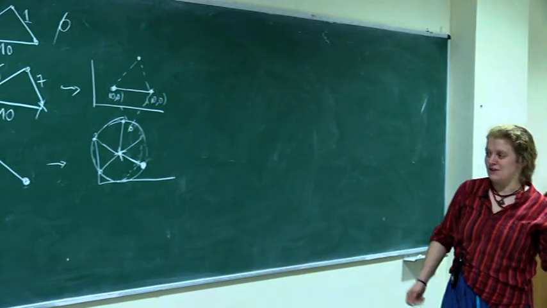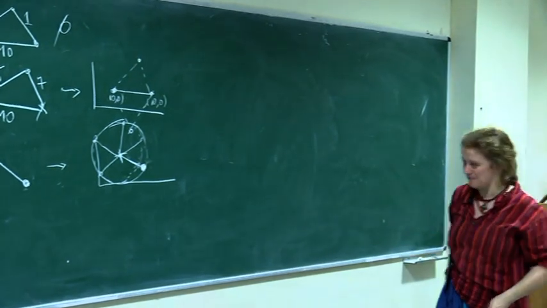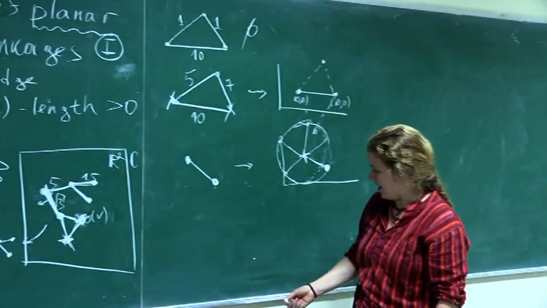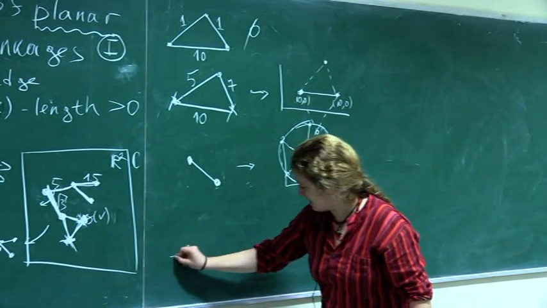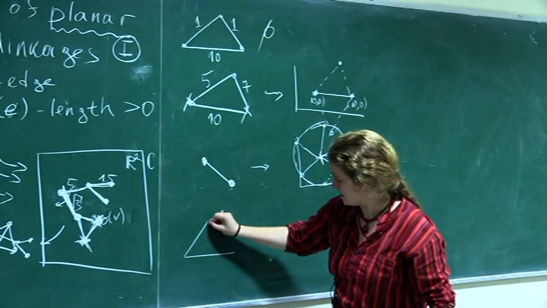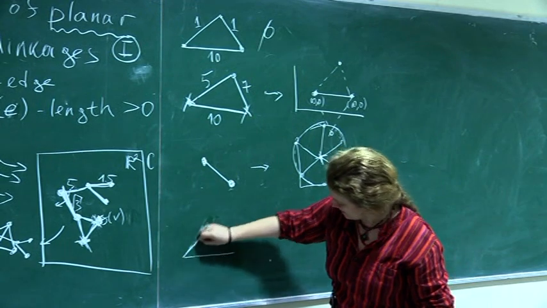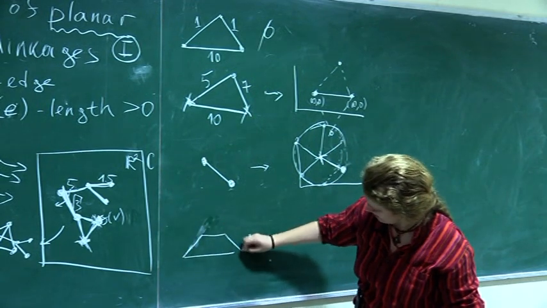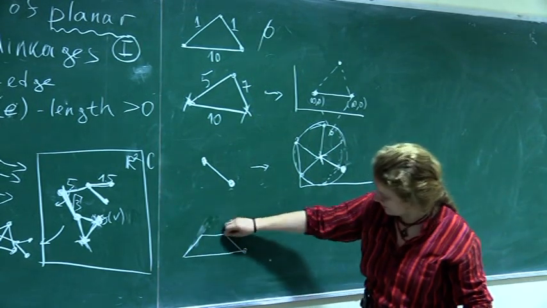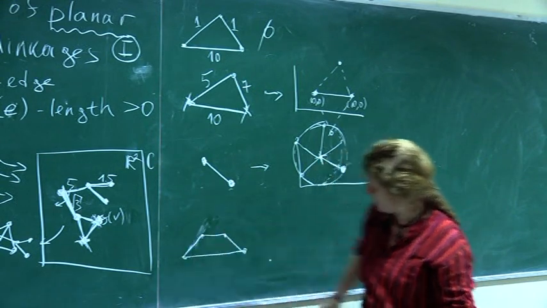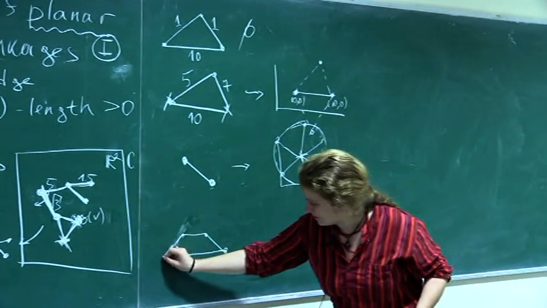What else can a linkage draw on the plane? Suppose we have a quadrangle, something like this, a very flat quadrangle, and we fix these two vertices.